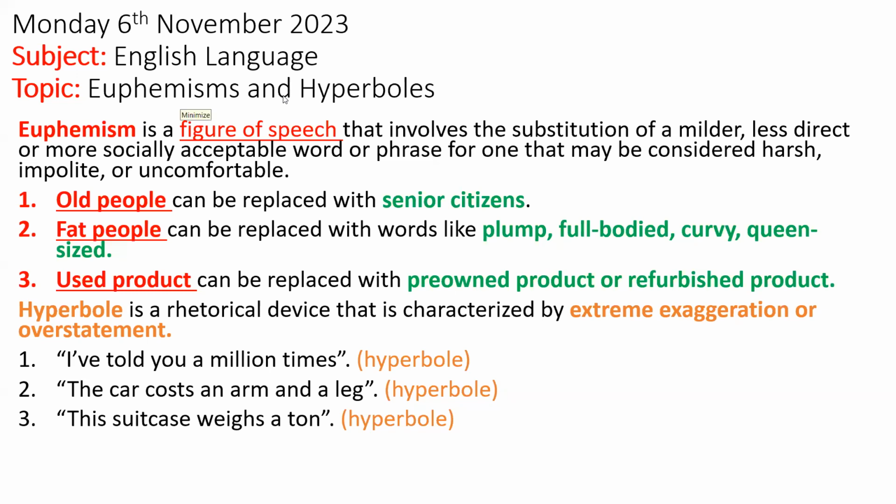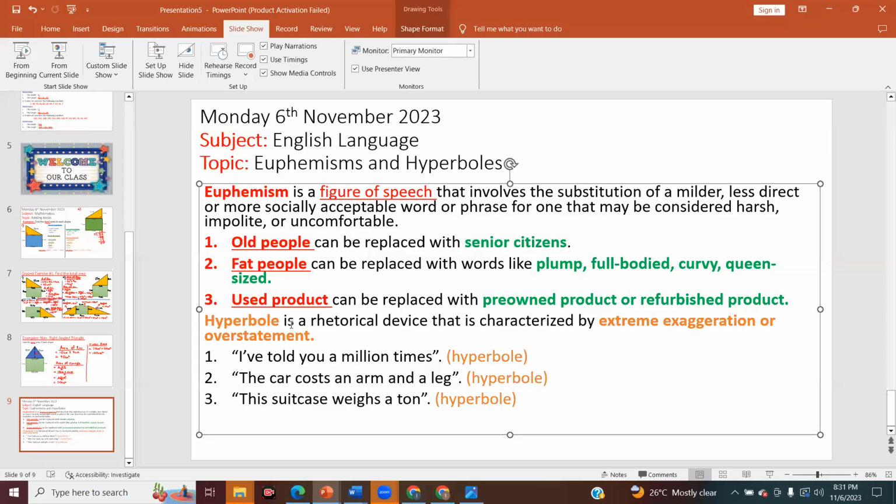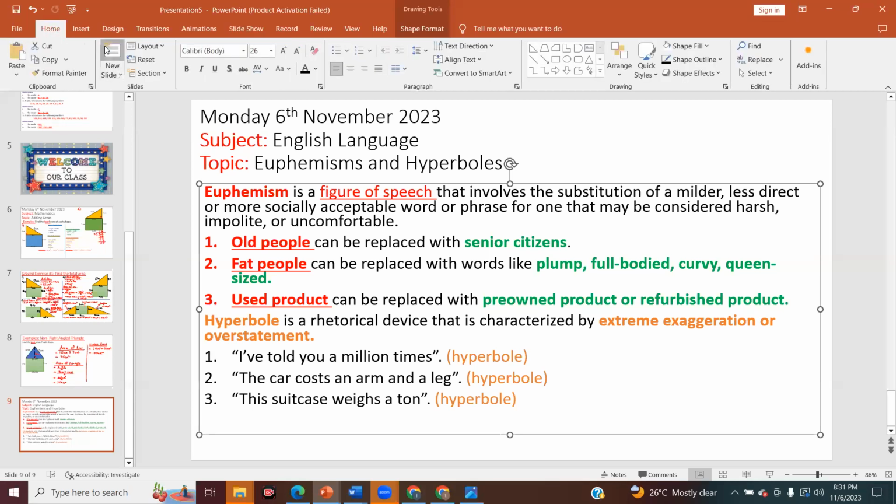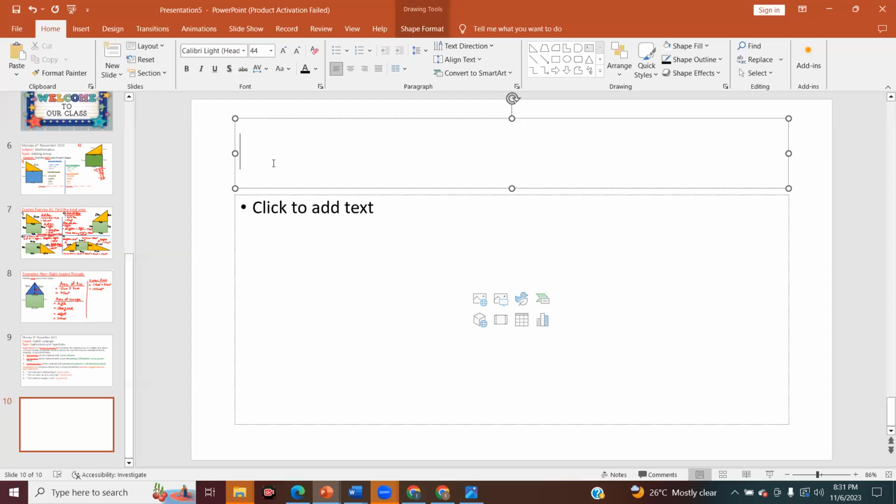Let's go to the grid exercise. Y'all think y'all ready? Remember, euphemism is when you use a milder form. And remember, hyperbole is when you give an exaggeration.